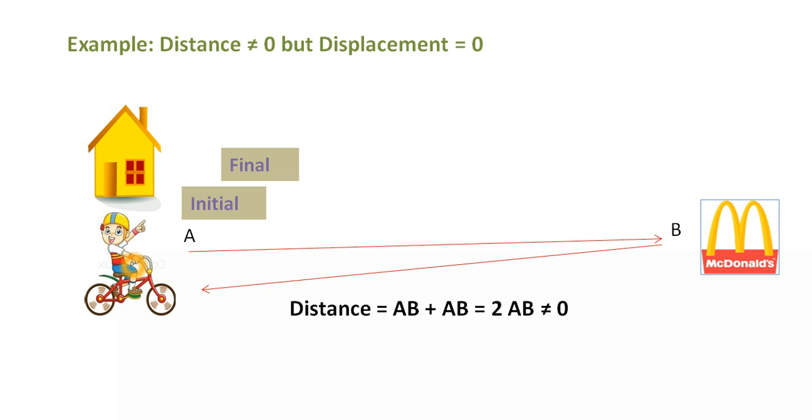So what is the displacement here? When the initial and final positions are the same, there is no path, no length, no shortest distance between the initial and final position. It means both the positions are the same. That means our displacement will be 0, right? So now I hope you are able to understand what is distance and what is displacement.